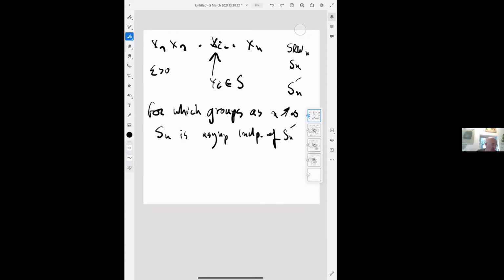This is something I looked at recently with Jeremy Brieussel. We looked at this, and there are several notions of noise sensitivity for random walks on groups, and the one I think is the most canonical, which I will now mention, is the following.